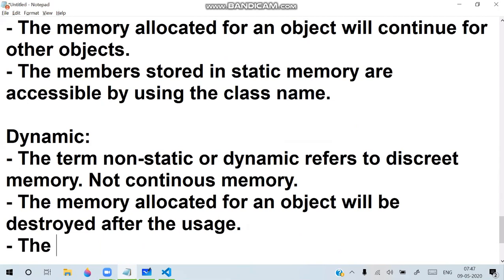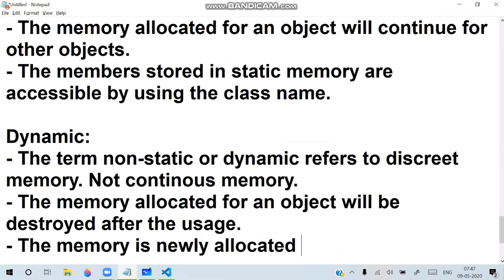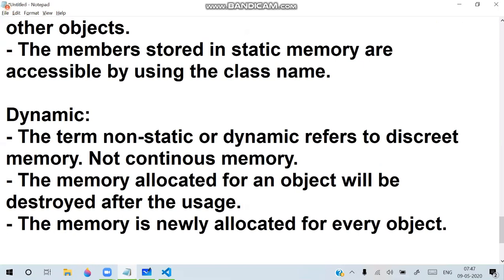That means the memory is newly allocated for every object. That is important for non-static. So it is discrete memory, not a continuous memory.